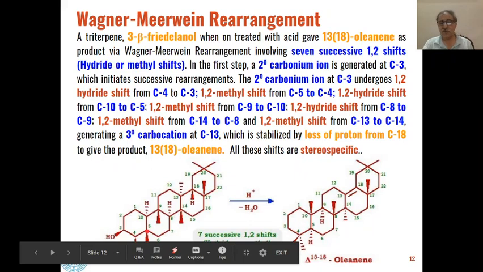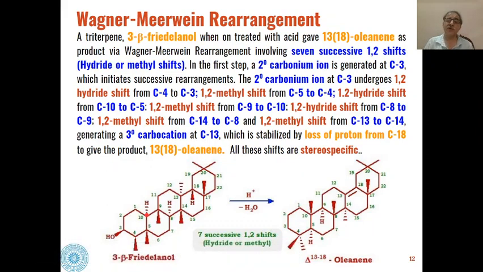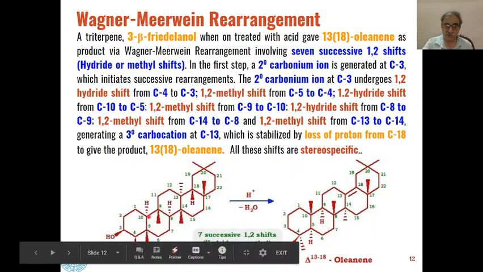Here we were having the carbocation, then this hydride will shift to carbon 5, and now we will have a carbocation at C10. Then a 1-2 methyl shift will take place from C9. We were having the carbocation at 10. Now this methyl will shift to C10, and now we will have a carbocation at C9.